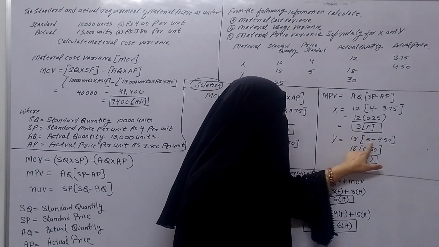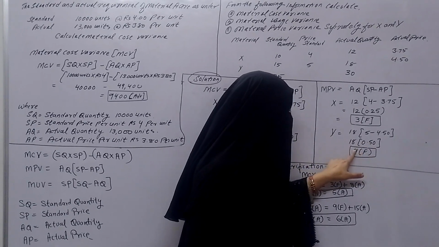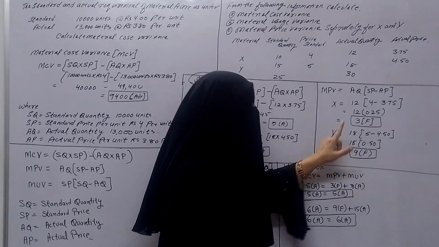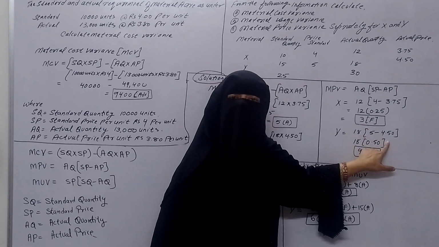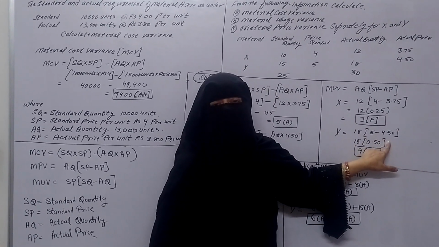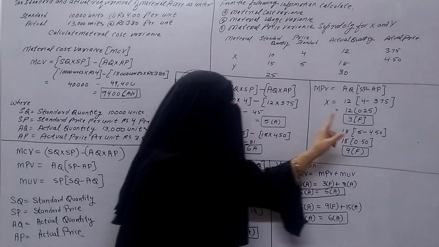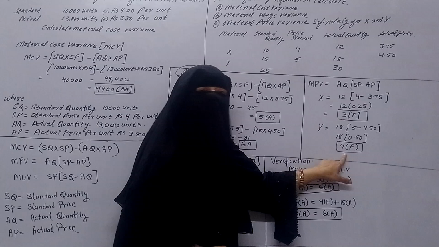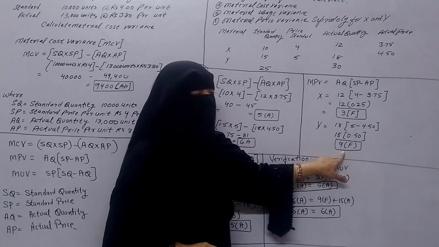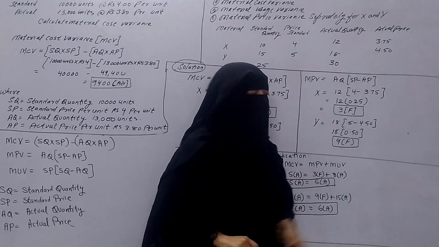So 18, 5 minus 4.5, 0.5, 18 into 0.5, 9 is the answer. Here for Y, the standard price is 5 and the actual price is 4.5 and we are calculating material price variance. So again the actual price is less. So the answer is favorable because actual price is less.